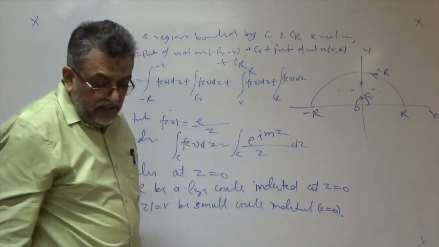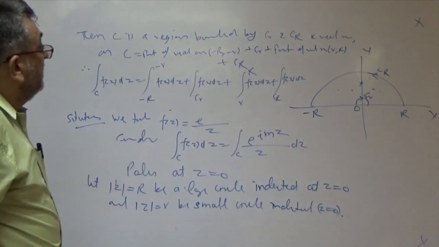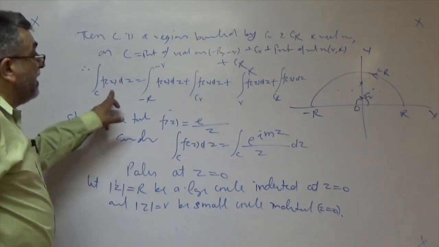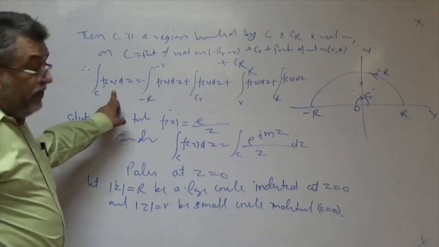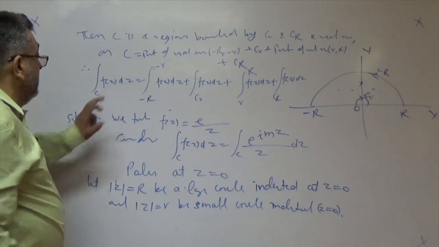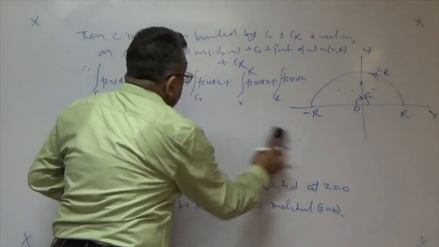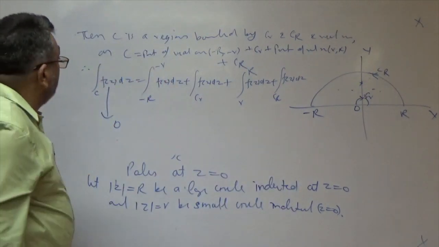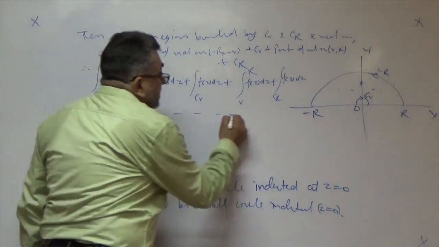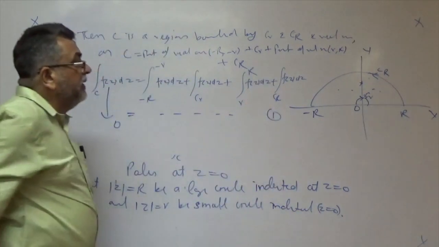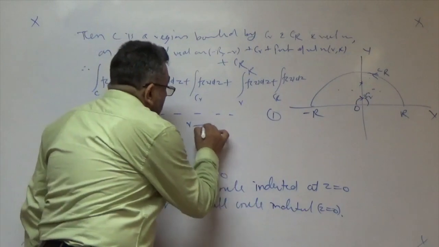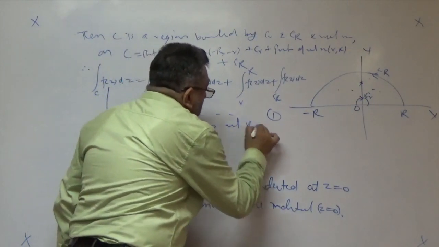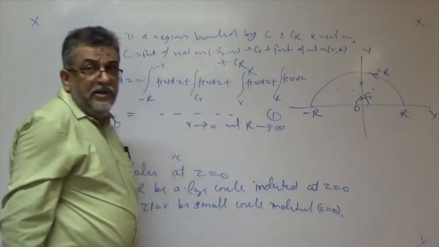And the left hand side integral is always 0 because f(z) is analytic in this region. This integral is equal to 0 by Cauchy's theorem, and now solve this similarly by using r tending to 0 and capital R tending to infinity.